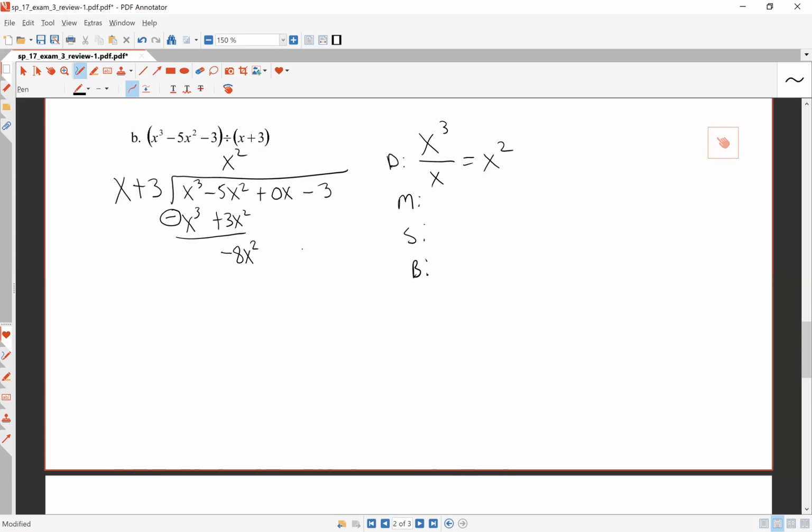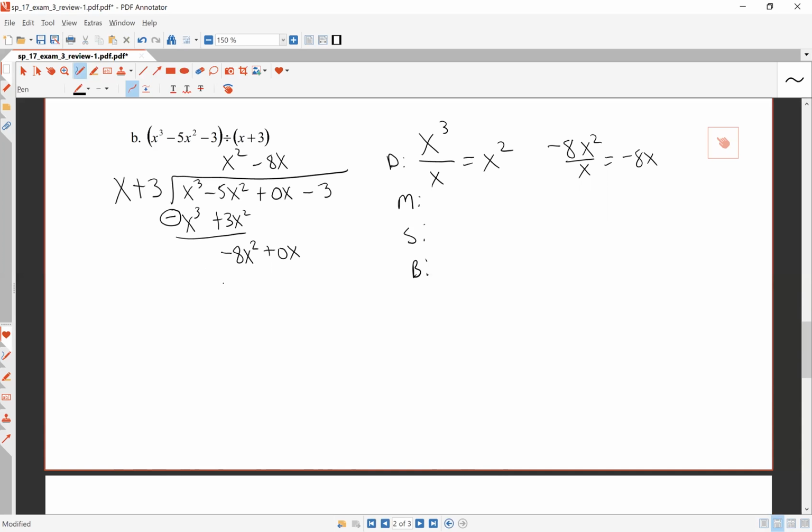And now we bring down. So we divide negative 8x squared divided by x, which is negative 8x. And now we multiply.